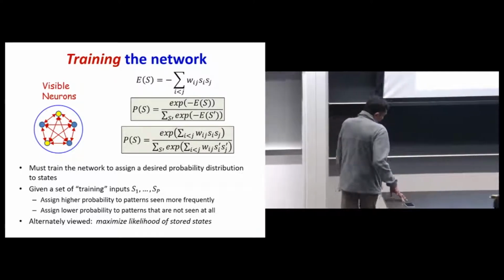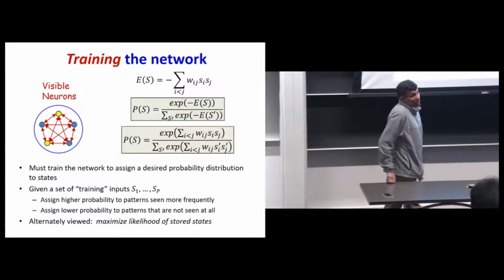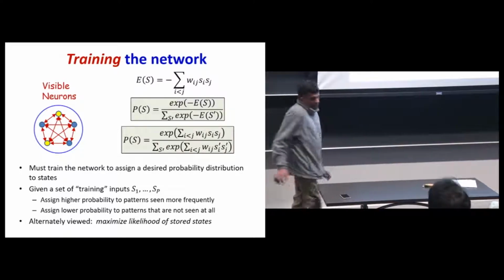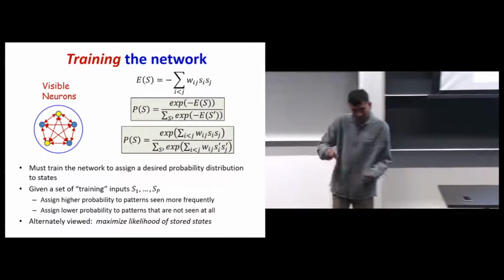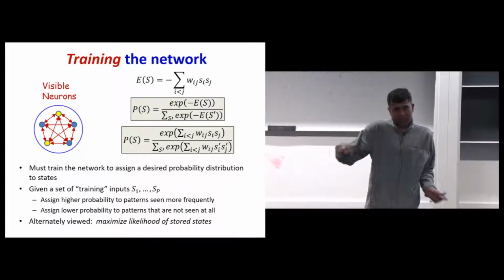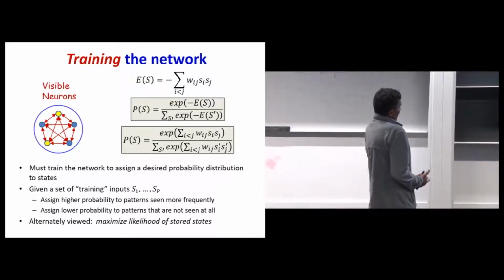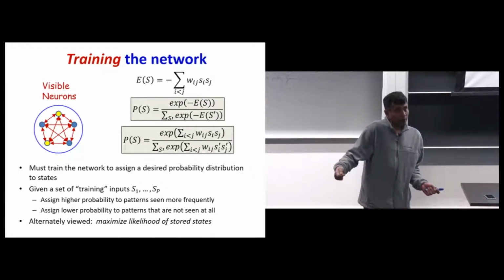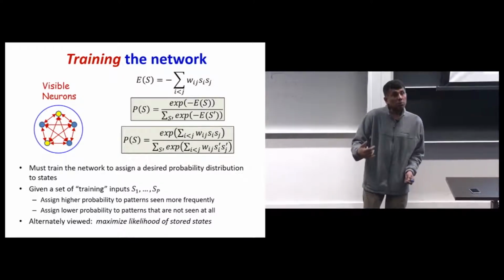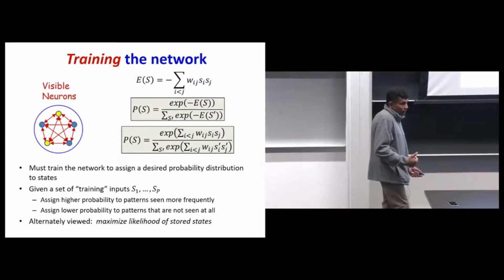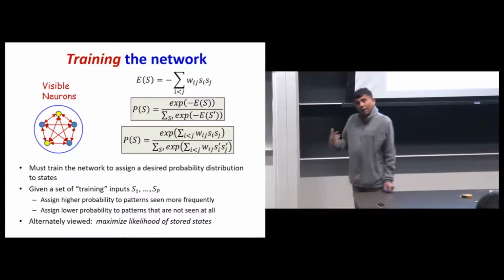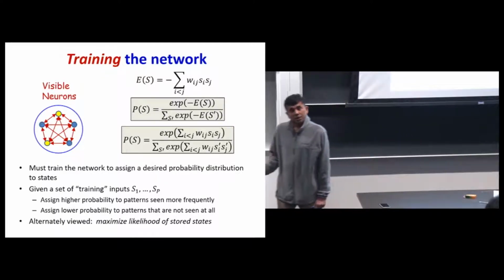So you can think of the act of memorization as training this distribution. You're given a set of training inputs, S1 through SP. I'm calling it S now because it is the state of the network. If I give you a large number of training inputs, I want the network to assign higher probabilities to patterns that I've seen more frequently, lower probabilities to patterns that I've seen less frequently, and even lower probabilities to patterns that I haven't seen at all.